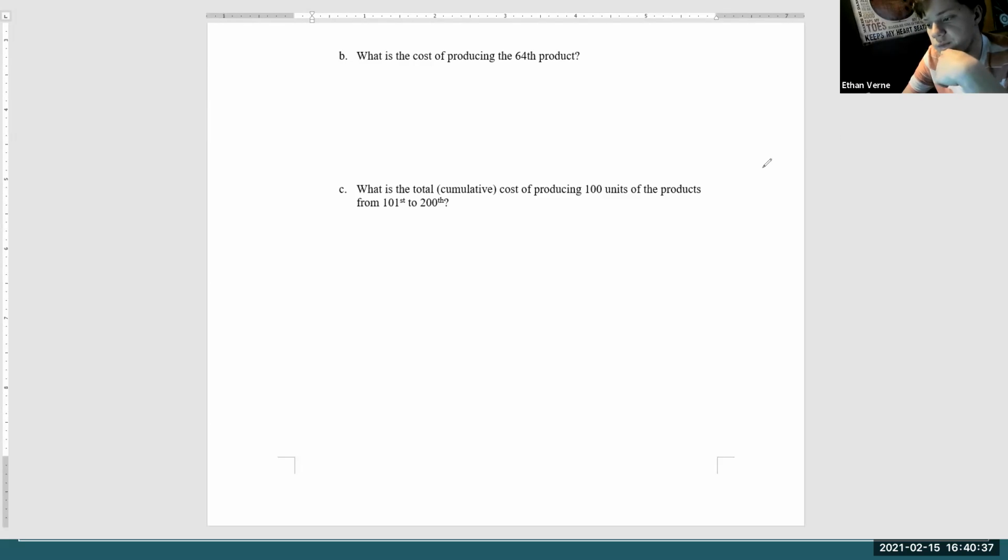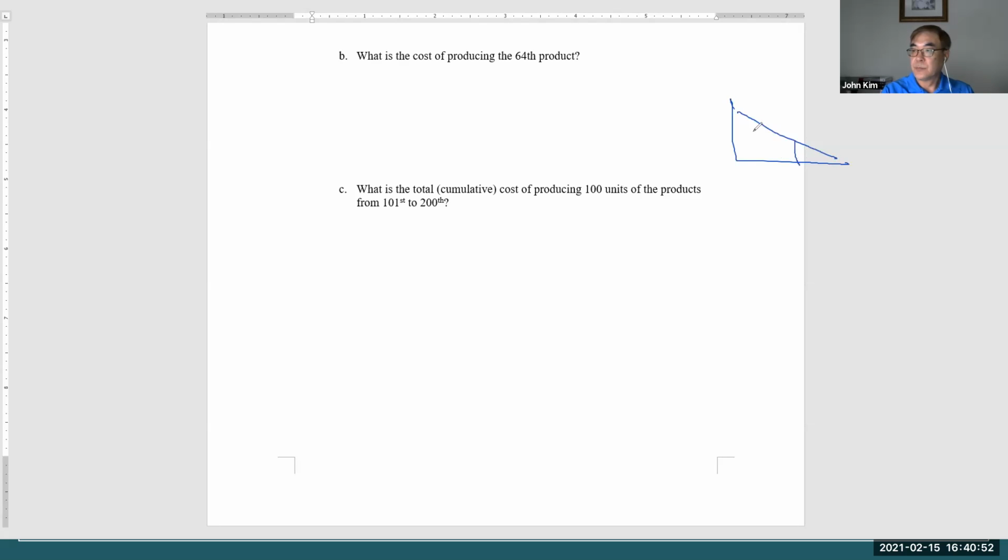Cumulative 101 to 200 equals up to 200 minus up to 100.